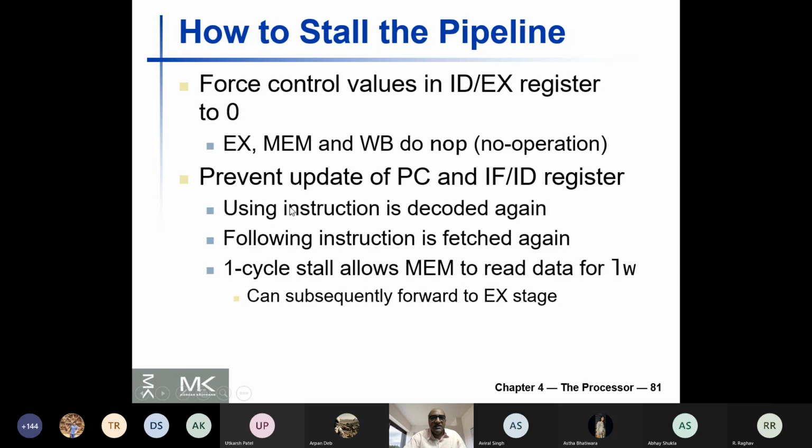Whatever instruction is in IF/ID, the same thing has to be decoded, and the instruction fetched earlier has to be fetched again, so that the pipeline register content is not changed at all.